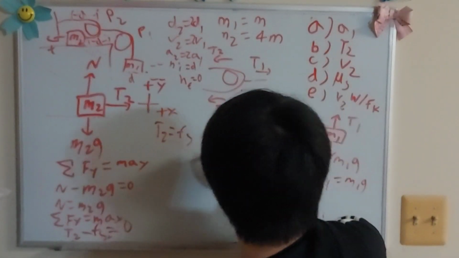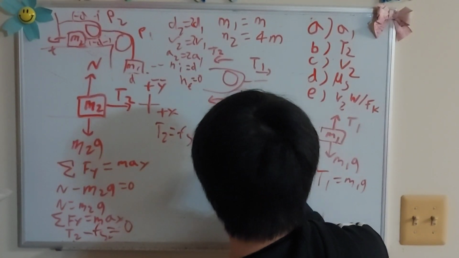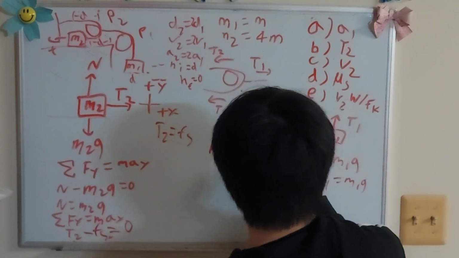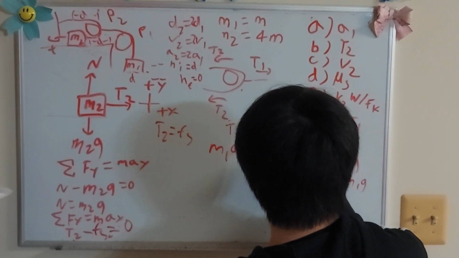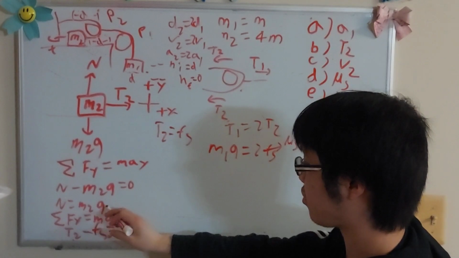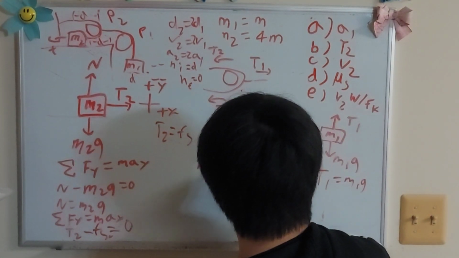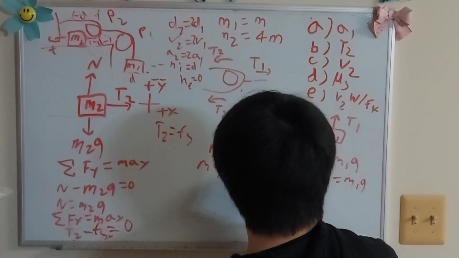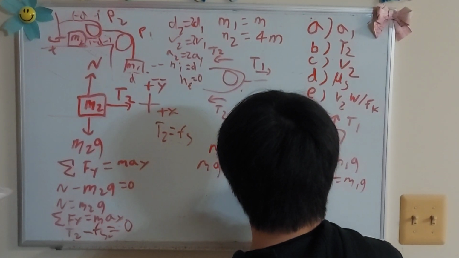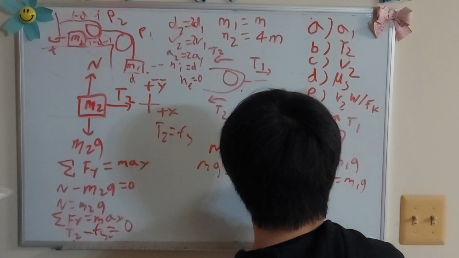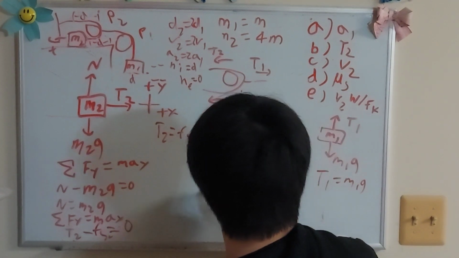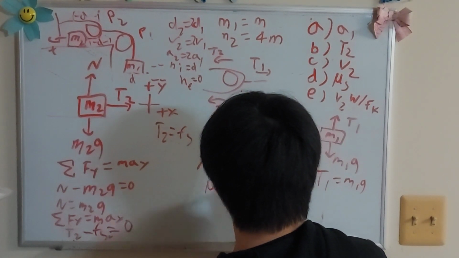So now we can plug these in. Force of static friction is just mu s times the normal force, which, as we found earlier in the problem, is m2g. So we end up getting mg is equal to 2 times 4m g mu s, or mu s is equal to 1/8, and that was our answer to D.